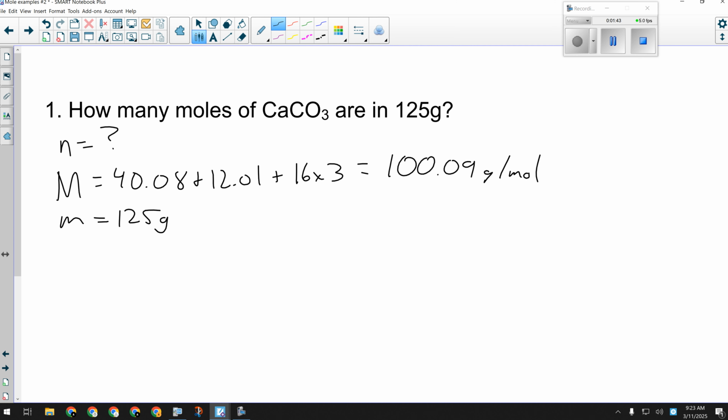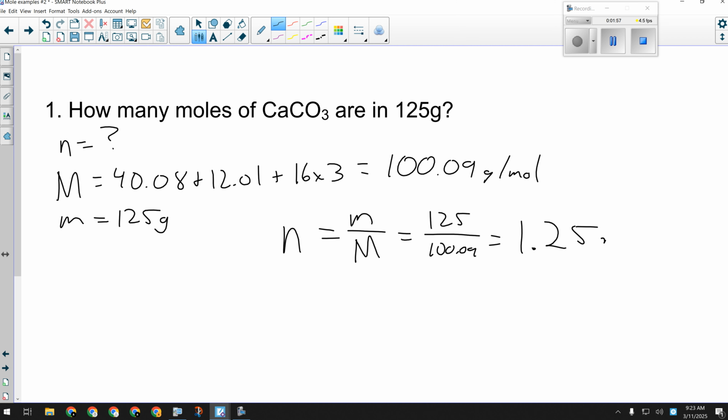If we want to find n, we just have to plug those two numbers into the mole equation. So 125 divided by 100.09. Pretty sure that's going to come out to 1.25 moles. Everybody all right with that one?